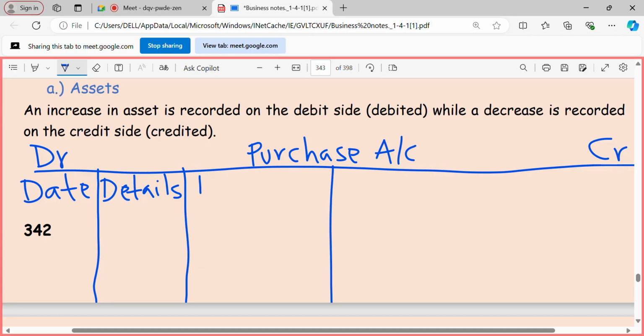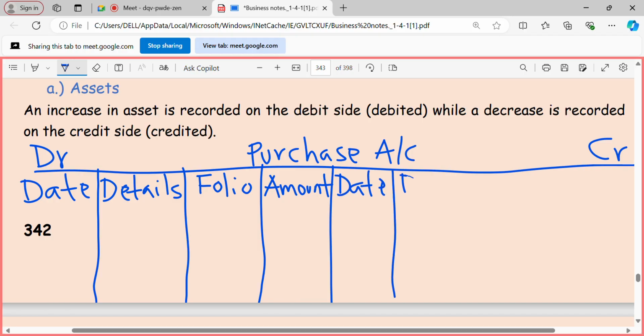So you have the details after, then after that you have the folio, which I've told you that for exam purposes we'll be ignoring it because it is the pages. Or sometimes you can just write it, but you're not going to write the pages. Then here you have the amount. Then you repeat it on the other side. You have the date.